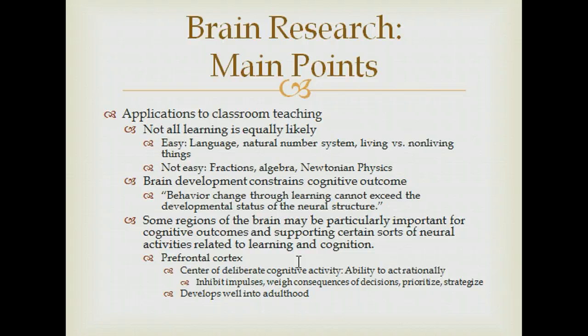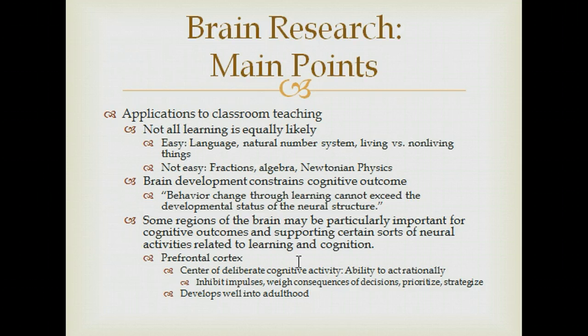Some regions of the brain might be particularly important for cognitive outcomes and supporting certain sorts of neural activities related to learning and cognition. So this is just saying that parts of your brain are very important for learning and cognition. And one part is your prefrontal cortex, which is your center of deliberate cognitive activity, which is your ability to act rationally.